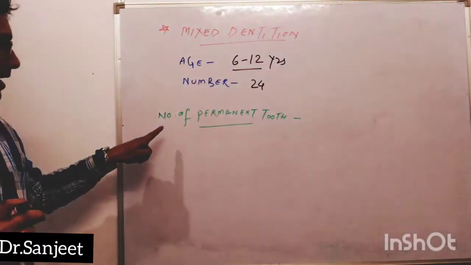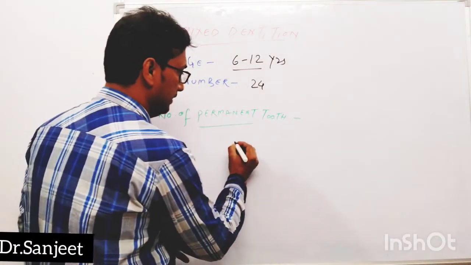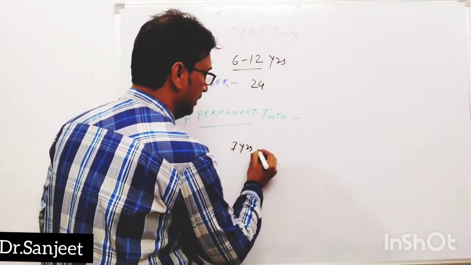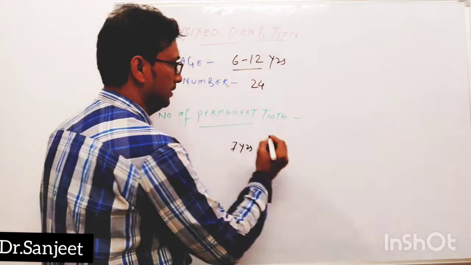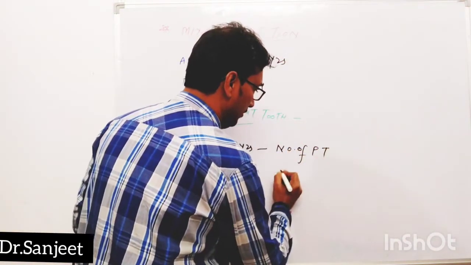Then they will ask the question: number of permanent teeth in mixed dentition. Suppose the age of the child is 7 years. They will ask the number of permanent teeth and the number of temporary teeth.